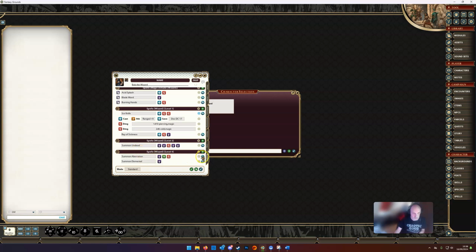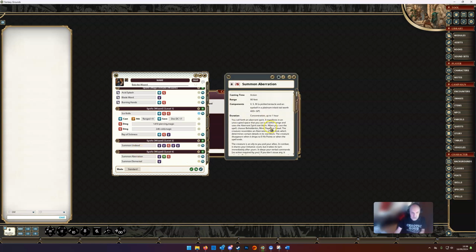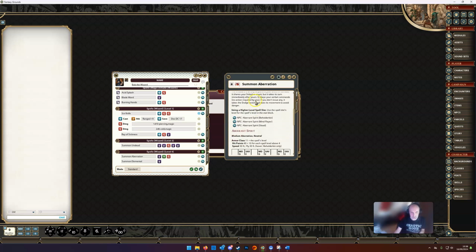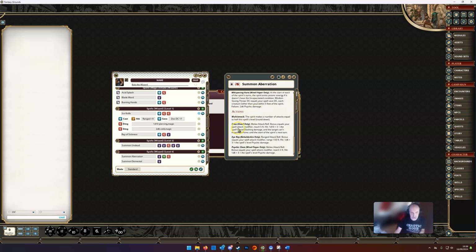If we have a look at the summon aberration here, it tells us that we can have a choice of three different sort of aberrant spirits, and it uses these stat blocks. If we have a wee look down here, we can see that the stat blocks do things like melee attack roll bonus equals your spell attack modifier.